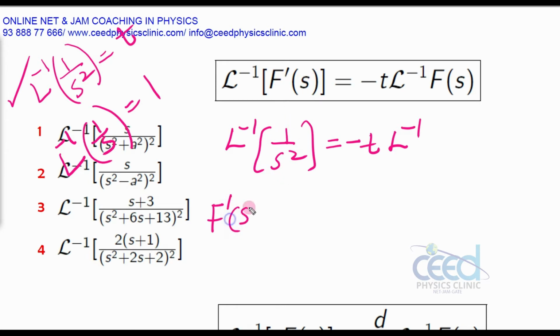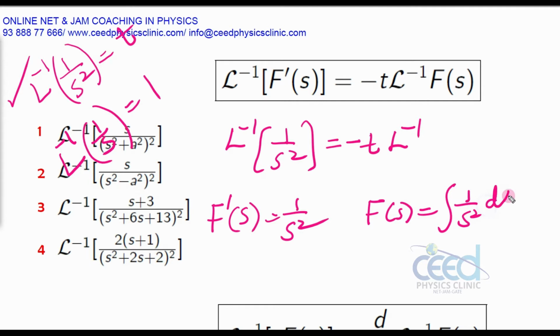Then if you integrate, you will get f of s. So integral of 1 by s square ds gives minus 1 by s plus c. So I can find f of s from f dash s by integrating, and that result is minus 1 by s.